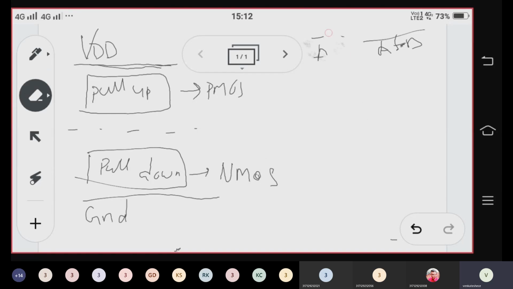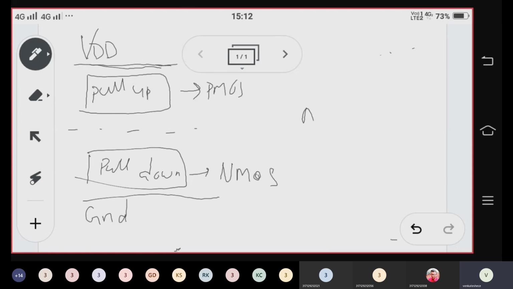In any technology, we design complementary equations. Suppose I want to design a circuit for AB. For that, first we will design a circuit for AB bar, because we can implement complementary equations in CMOS and NMOS technology.